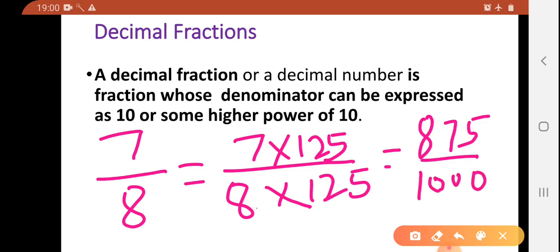Here 1000 is the denominator, and 1000 is a higher power of 10. So we can say this is also a decimal fraction. So 7 by 8 can be expressed as a fraction with denominator 10 to the power 3 or 1000.